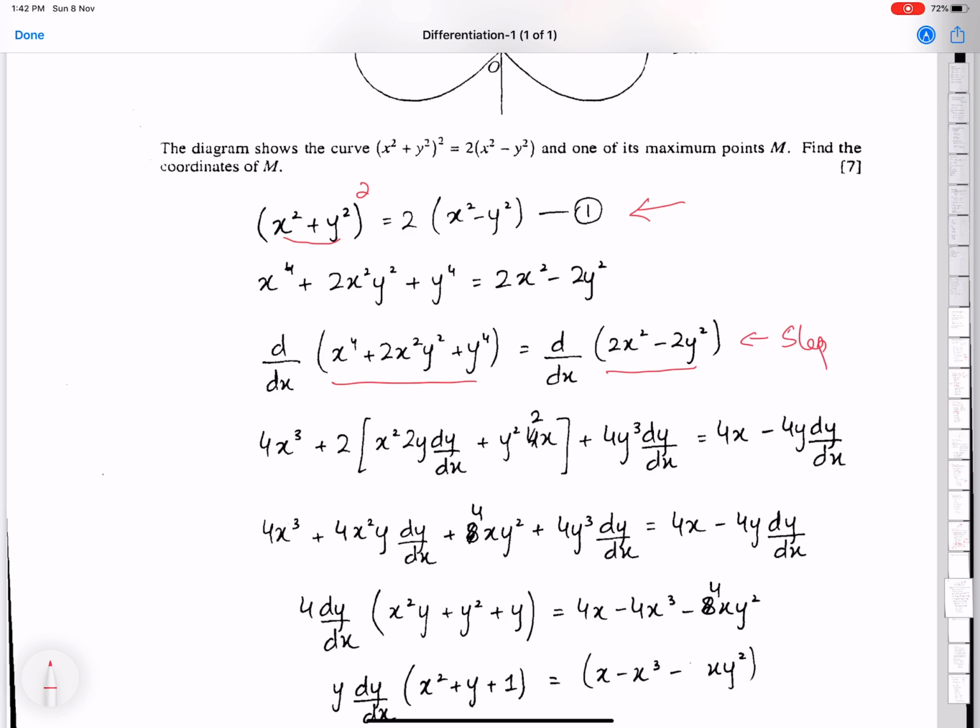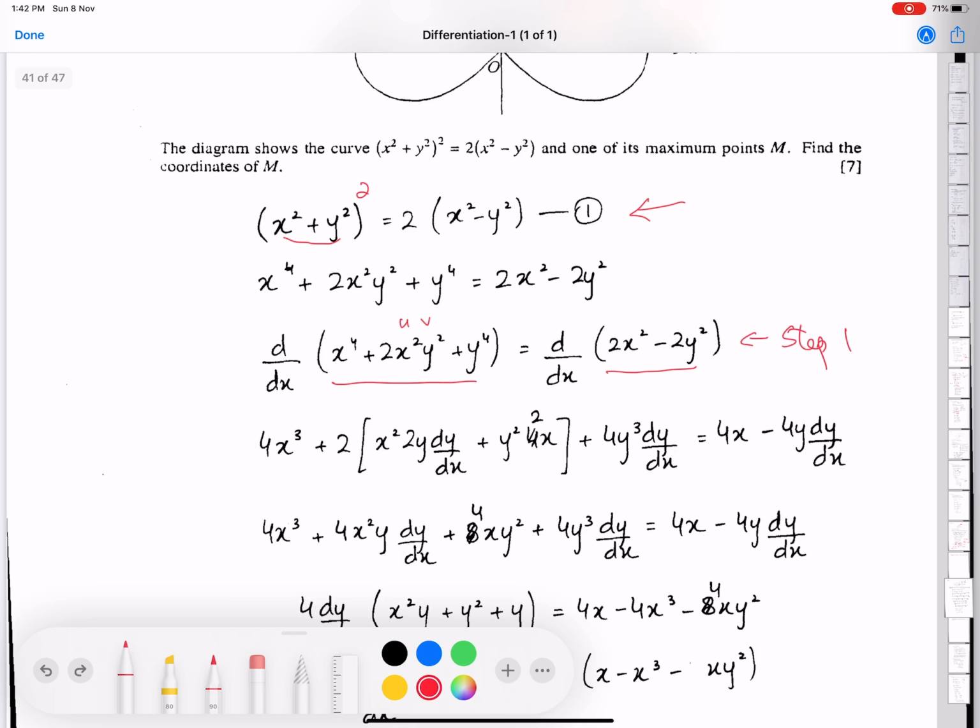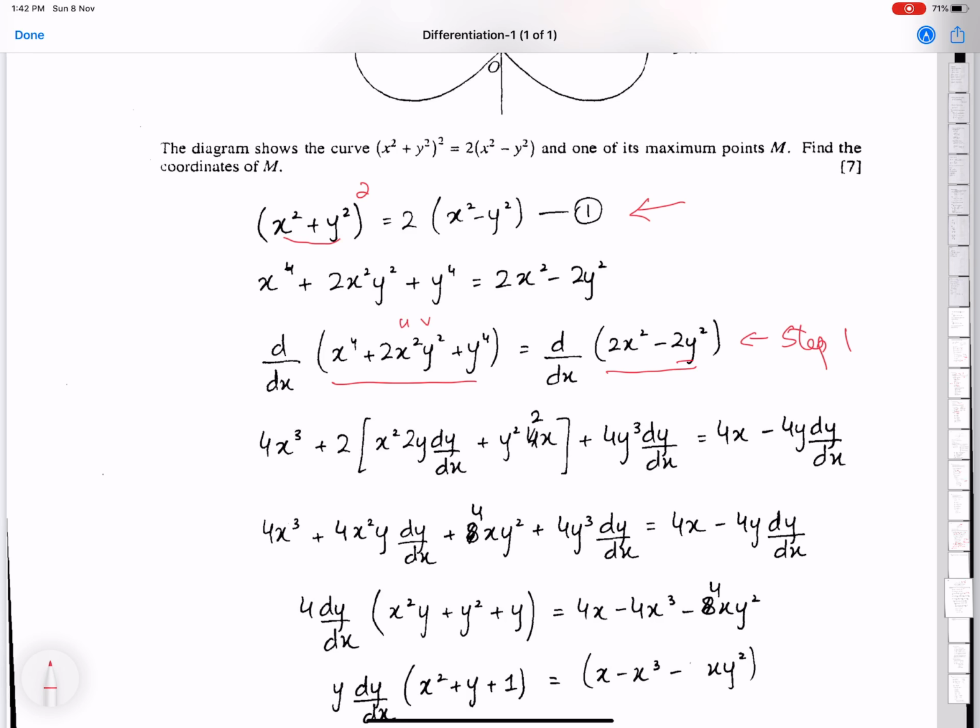Always multiply both sides of the equation by d upon dx. Now this is uv with implicit. This is implicit. This is also implicit. So make sure you multiply the differential of implicit terms with dy upon dx. Well, x to the power 4 will become 4x cube.